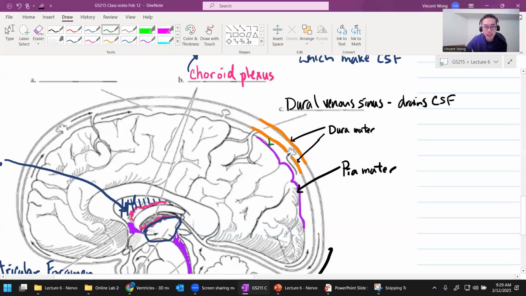And then in between, you will have the spider web looking things. Okay, and that would be the arachnoid mater plus the arachnoid space. Sorry, subarachnoid space.